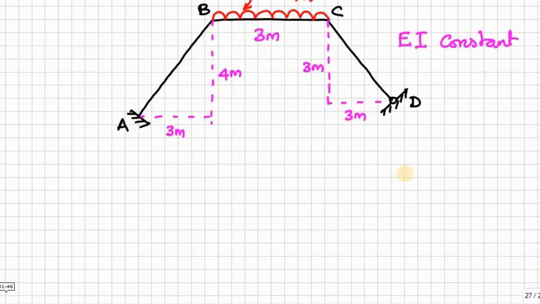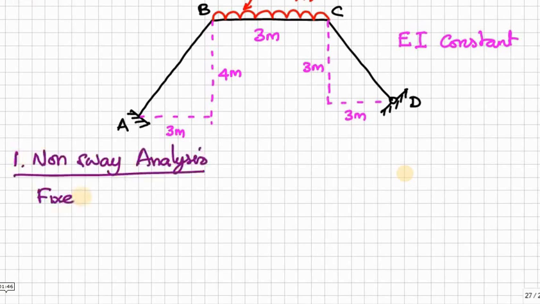So the frame will sway. So we have two steps of analysis. One is non-sway analysis and another one is sway analysis. First, non-sway analysis.